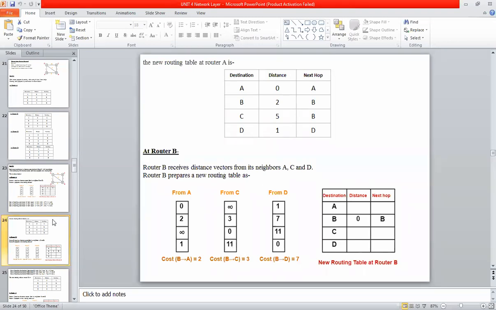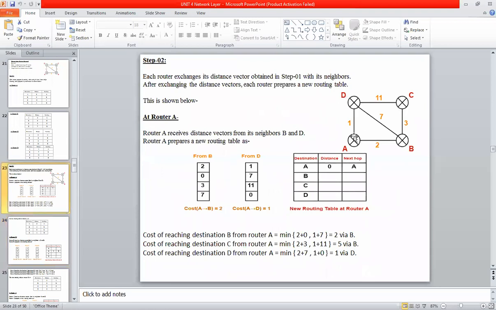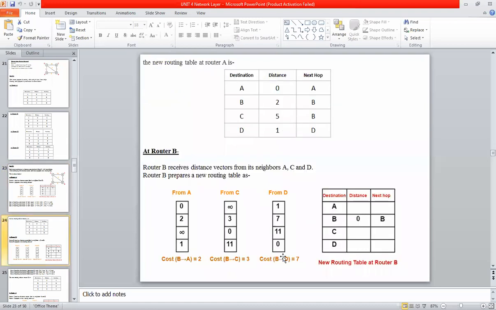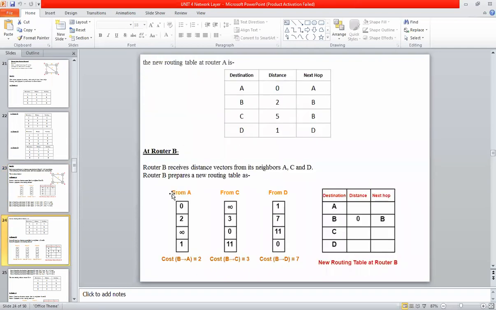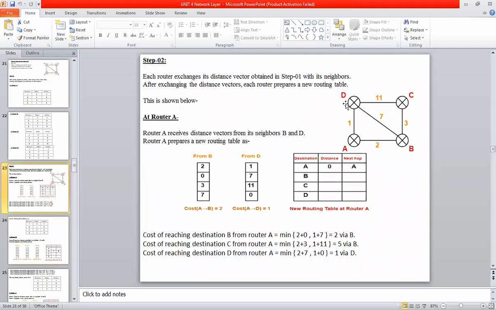Sorry, we are considering from D. From A, from C, from D. By using the remaining 3 routers, you have to update router B. From D to A, 1 is there.